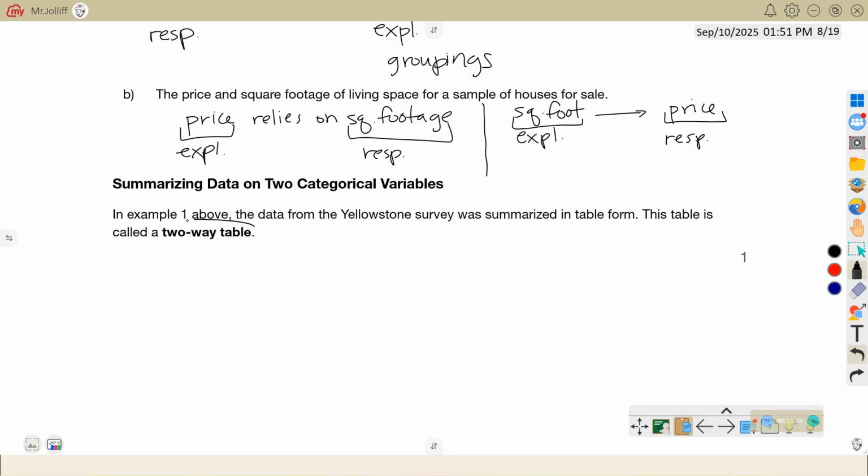Sometimes these are also called contingency tables. Those two phrases mean the same thing. One of your categorical variable labels is across the top, one is down the side, and you end up with intersecting rows and columns.